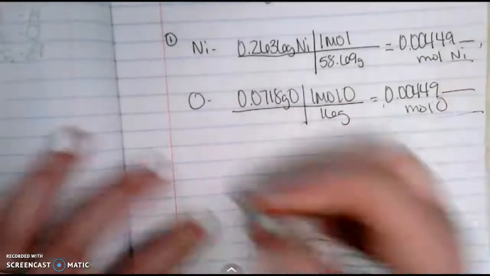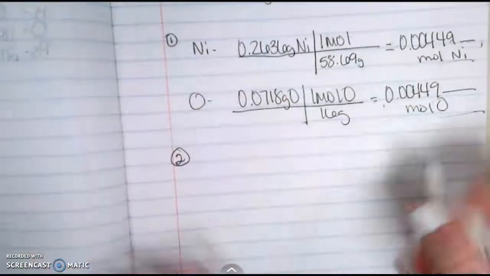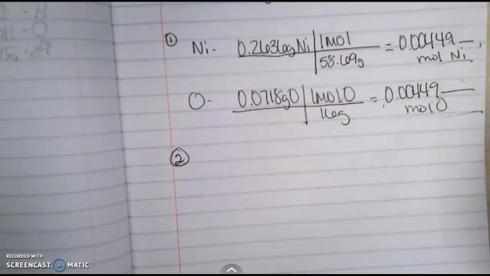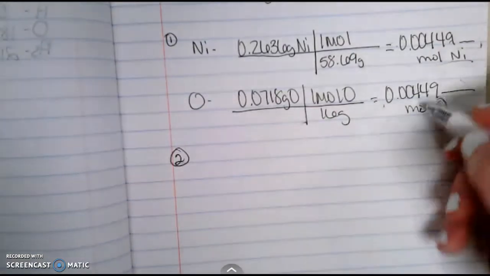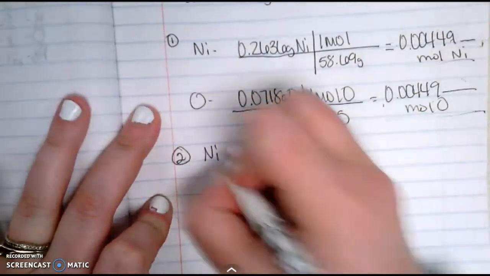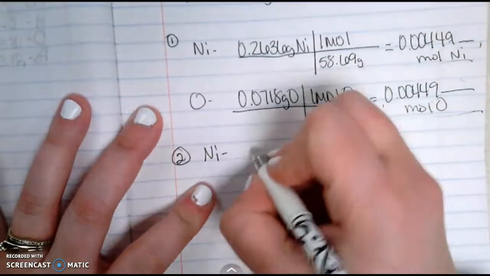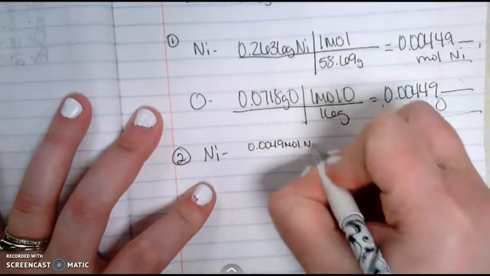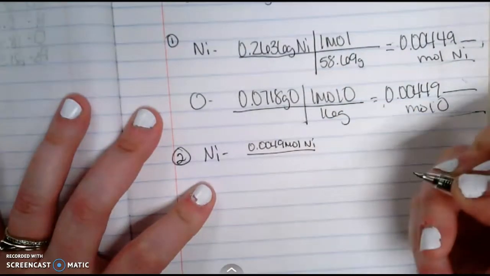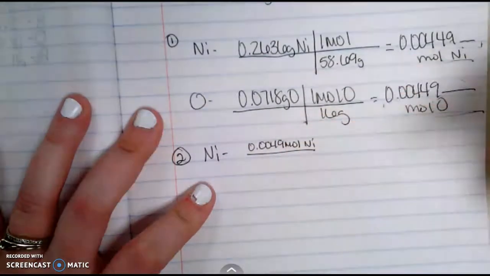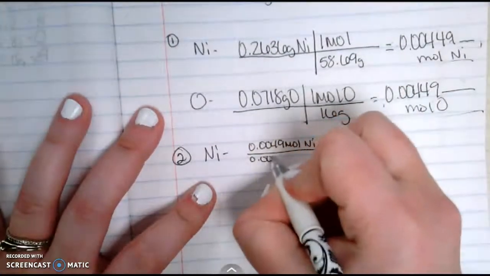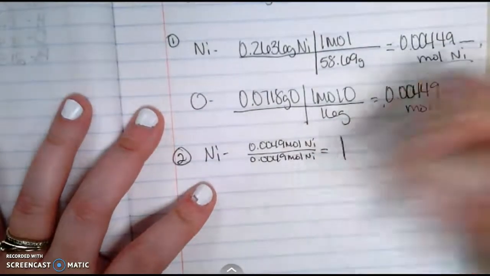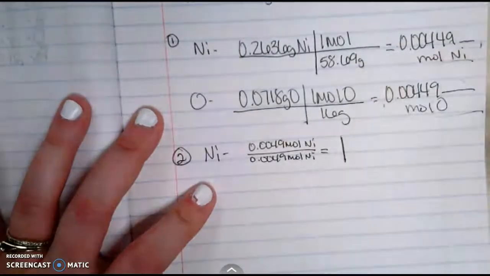All right, so my next step is to take the smallest molar amount and divide everything by that. In this case, they're the same. So when I do nickel, I'm going to take nickel's amount and divide it by nickel's amount. We'll say that nickel is the smallest, it doesn't really matter because they're both the same. So that gives us a ratio of 1.